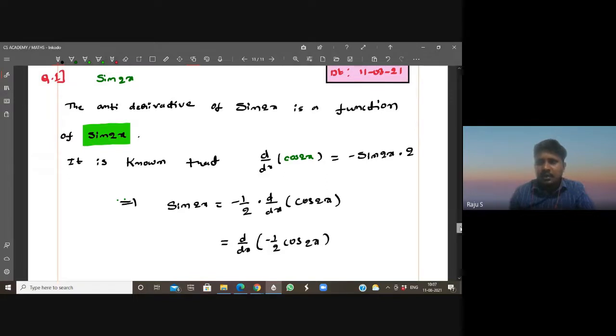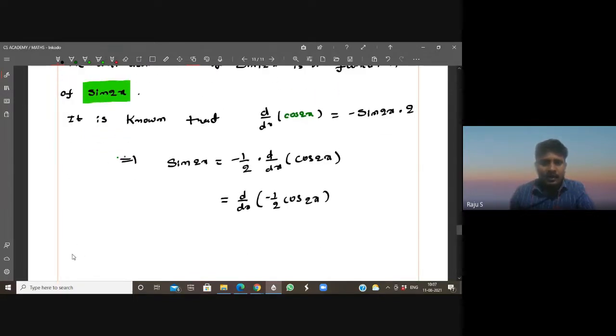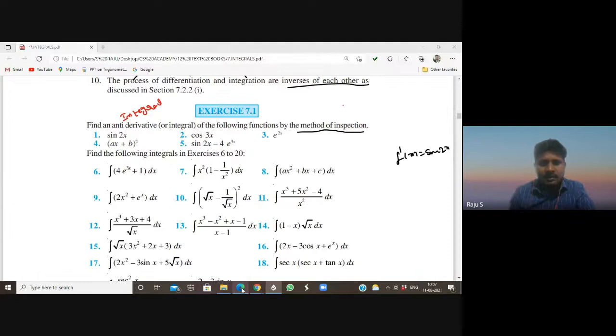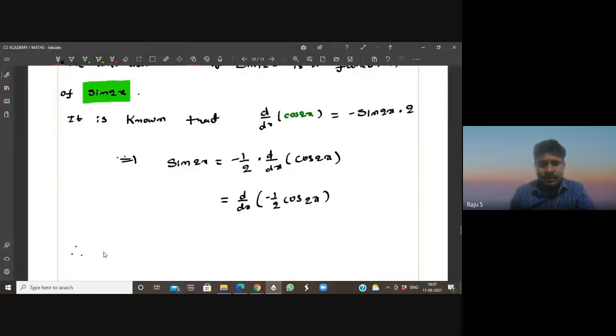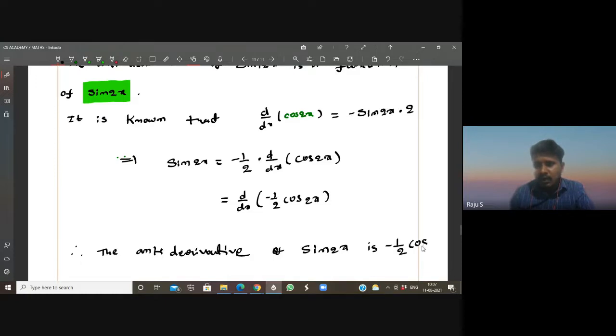So therefore, finally, in the question, the antiderivative of sin 2x is minus 1 by 2 cos 2x. Clear, students?